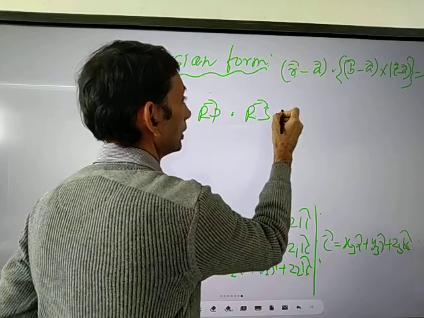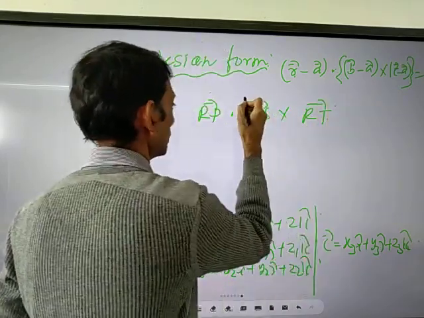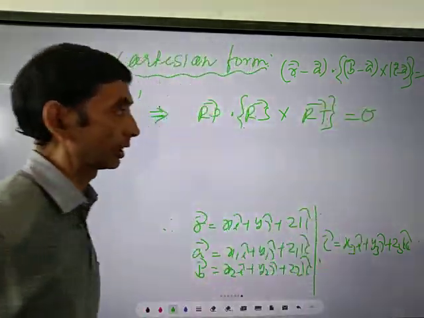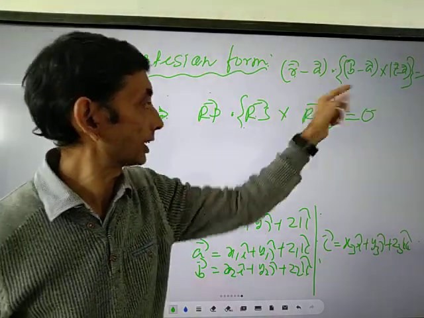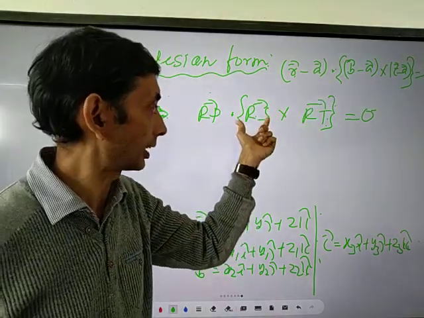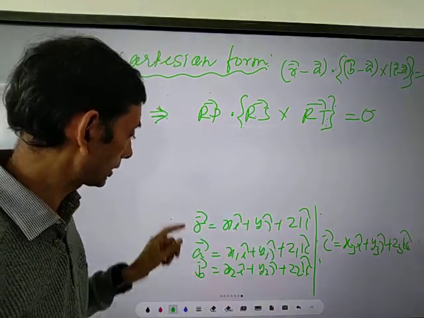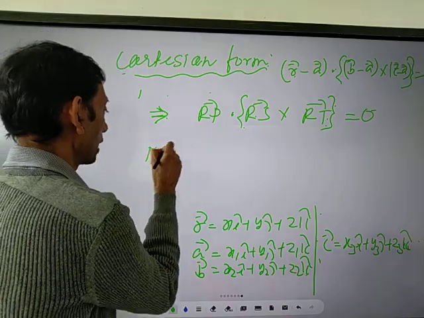You can convert this one. R minus a we can write in terms of rp, b minus a is rs, and c minus a is rt. Okay, fine. Now first we'll write what is rp.